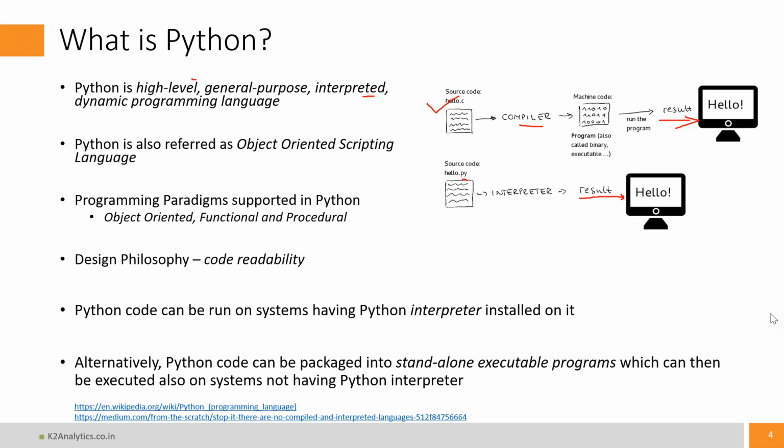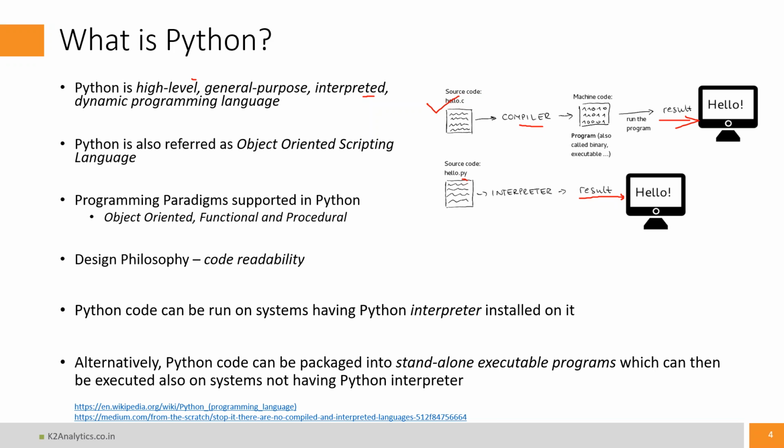And Python is also a dynamic programming language. Now, why dynamic? Basically what happens is you can have variables or objects which can take value depending upon the value that it has got at the runtime level.